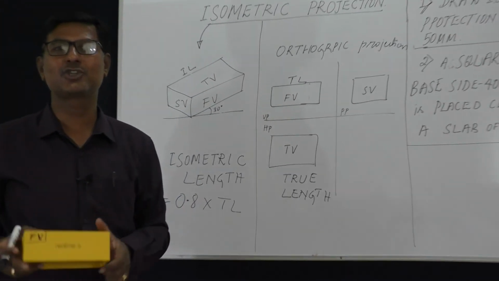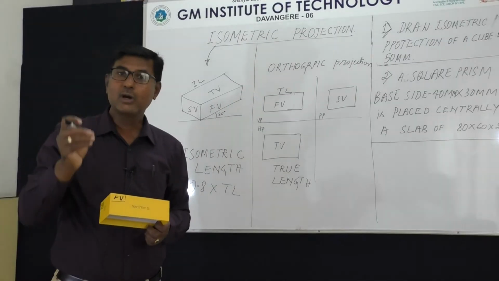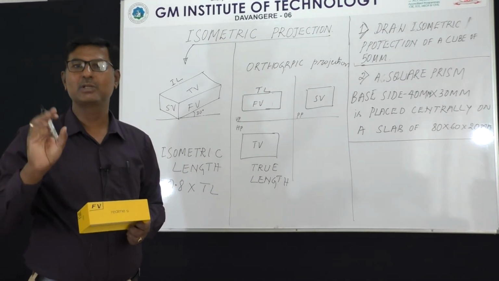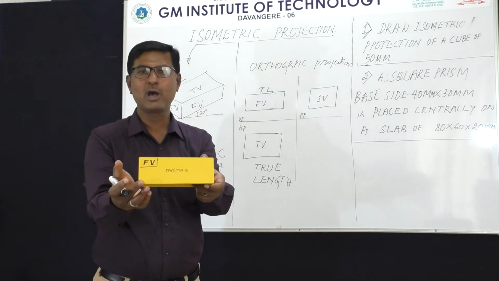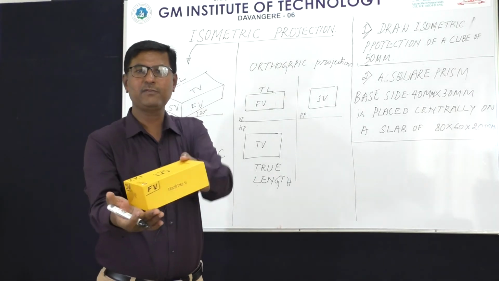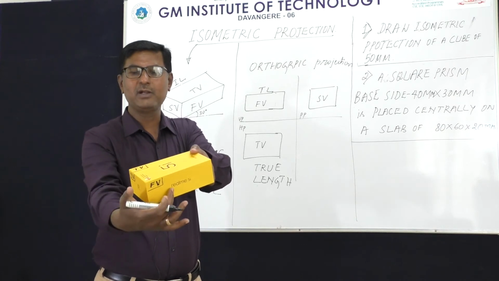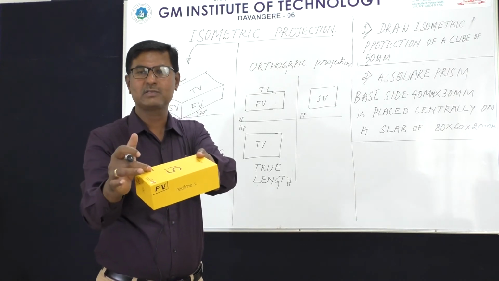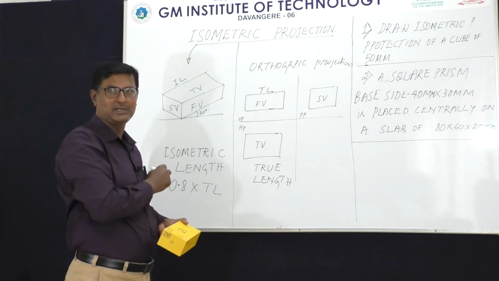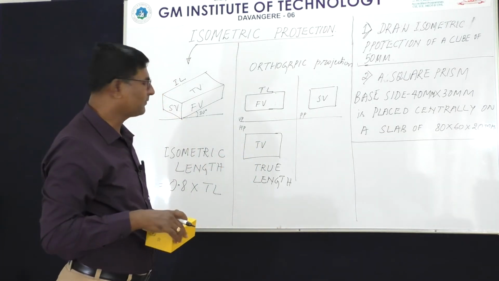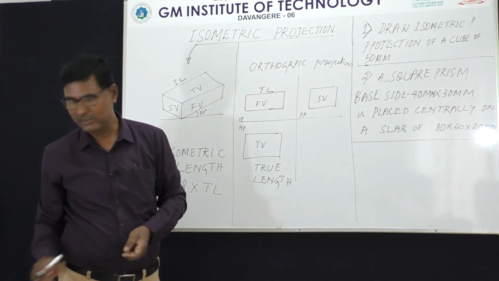So what we do in this chapter is, I will dictate some problems giving information about the object. What you need to do is, just hold one corner, turn it by 30 degree, lift it by 30 degree, and you write the front view, the side view, and the top view simultaneously in one look. That is what isometric is.